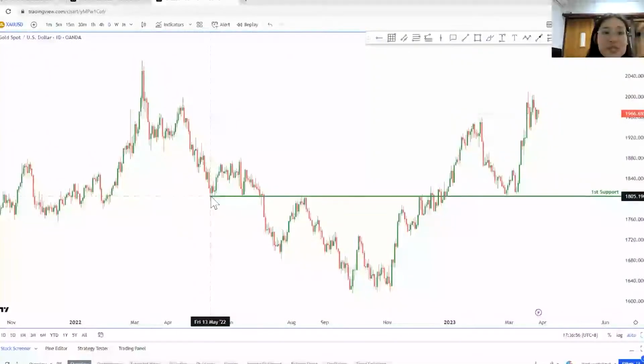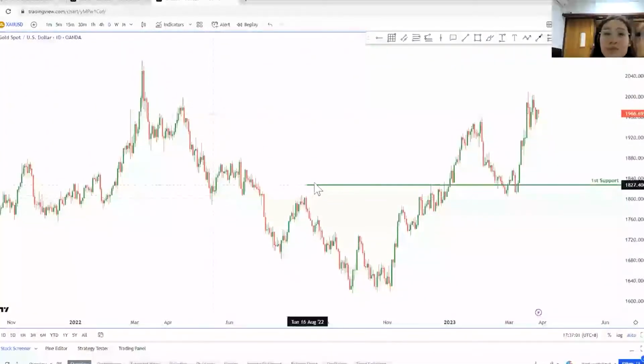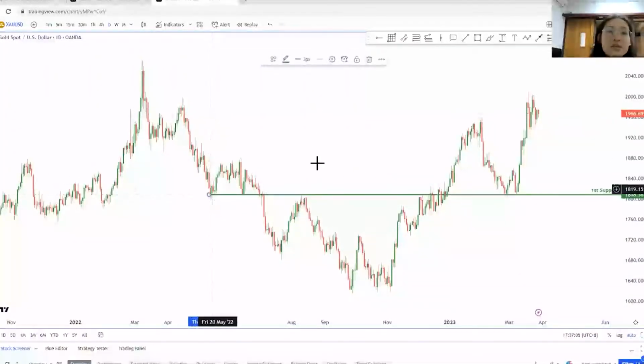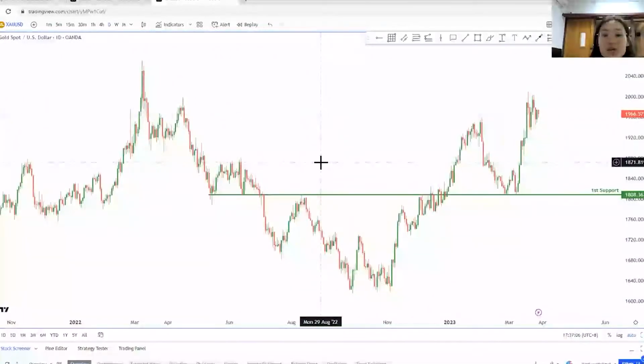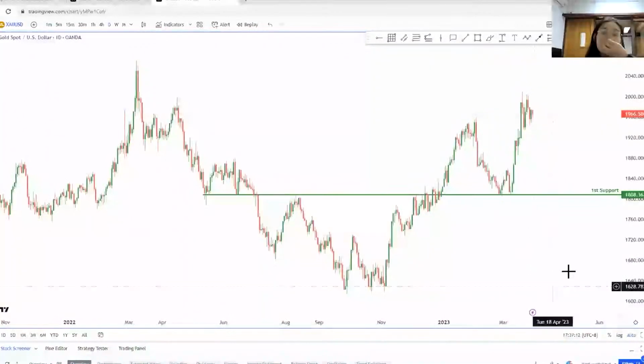So the reason for doing this is so that we can see how many times price has tested this level in the past. And that also tells us how significant this support or resistance level is. Okay, so here's our first support level.